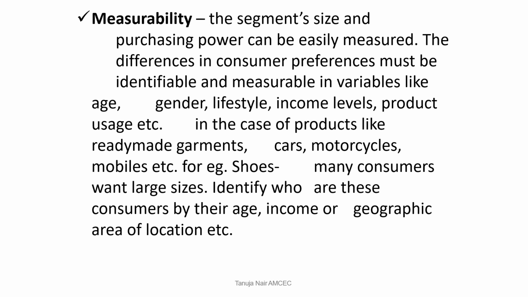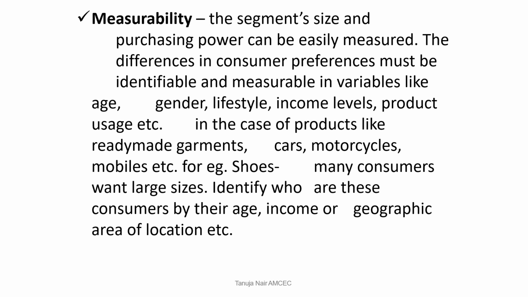It should not be a segment which has no potential of growing. Then the marketer cannot hope for profits in the long term. So if he wants profits in the long term, it should be a growing segment, and it should be of considerable size. Like young people in the segment means he can expect profit from them in the long term, because they grow and become adults, and then they go into old age.